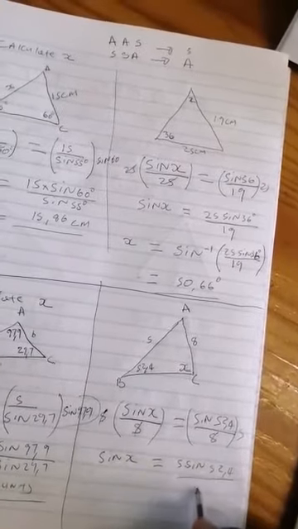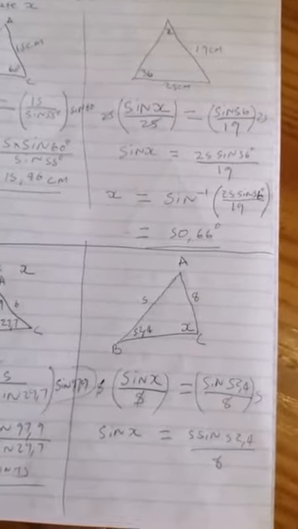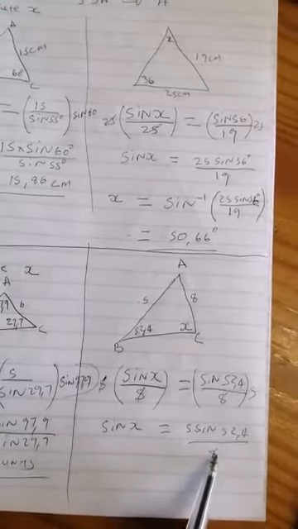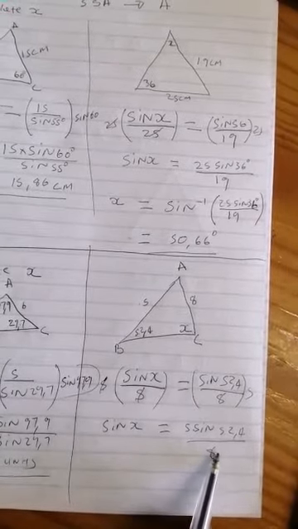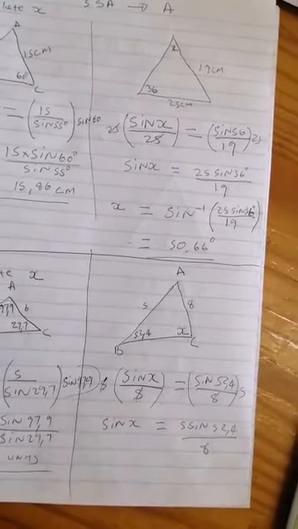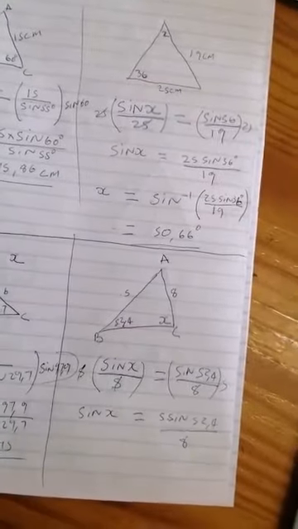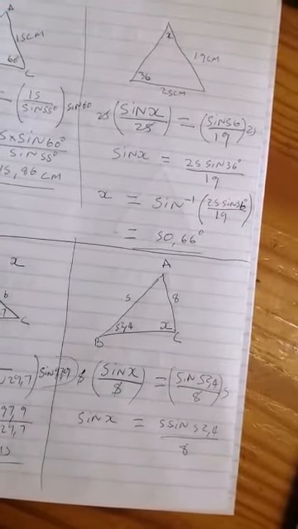52,4 all over 8. Again, I've said it before that I prefer putting it as it is on a calculator, so that it will give us the most accurate answer.